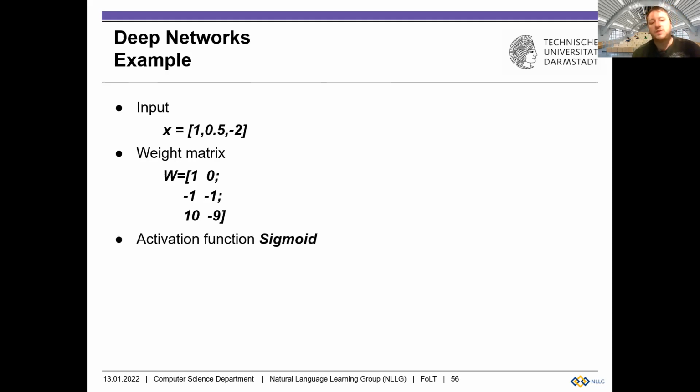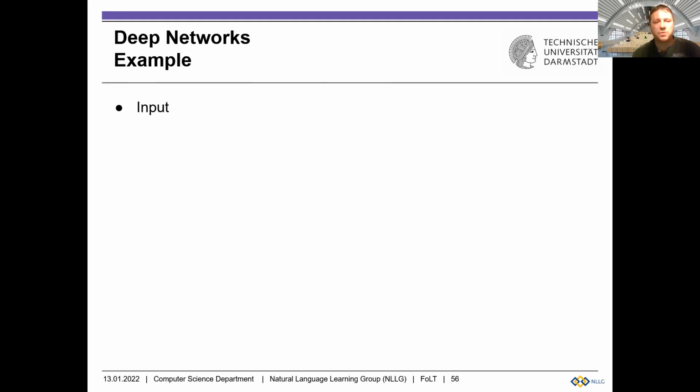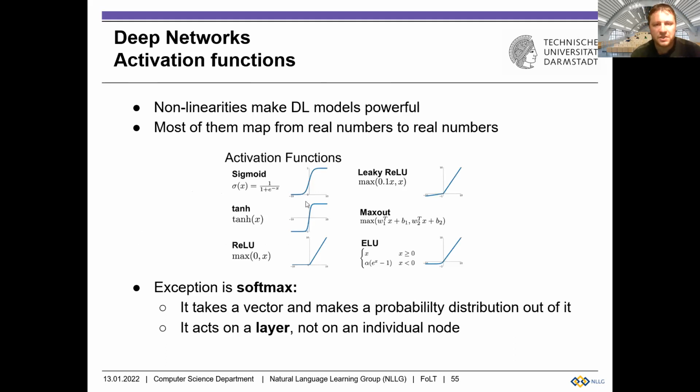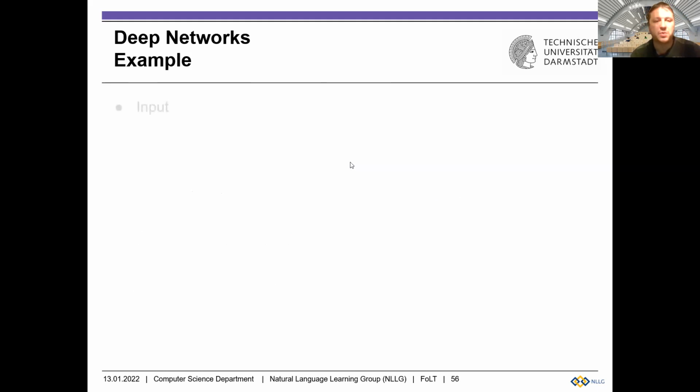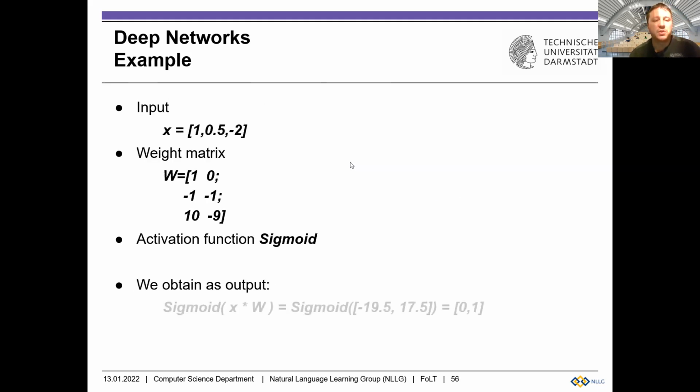And let's assume we have this sigmoid activation function. Which one is this? This is this one here, which takes 0 and 1 as limit values, and only if the input is very small is it between 0 and 1, otherwise it goes to 0 and to 1. So what's the output of our network? We do x times w. This is an input vector times a matrix.